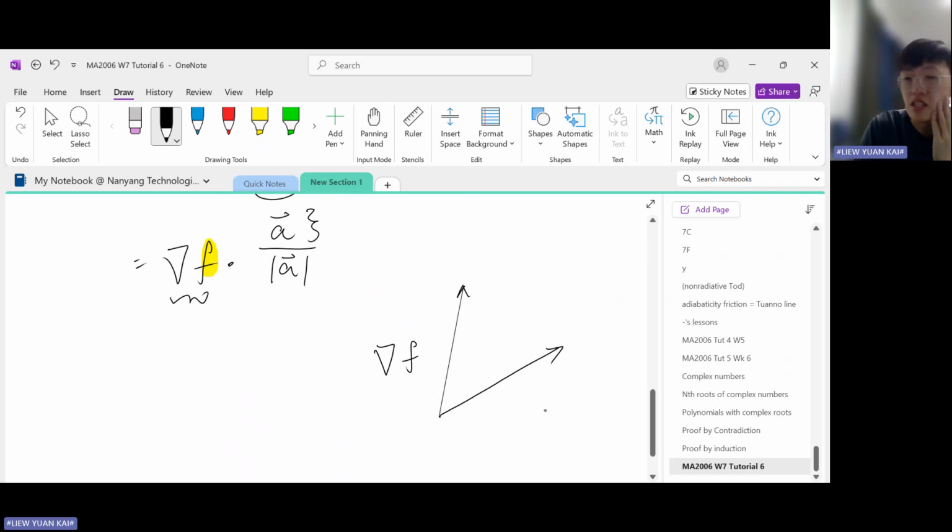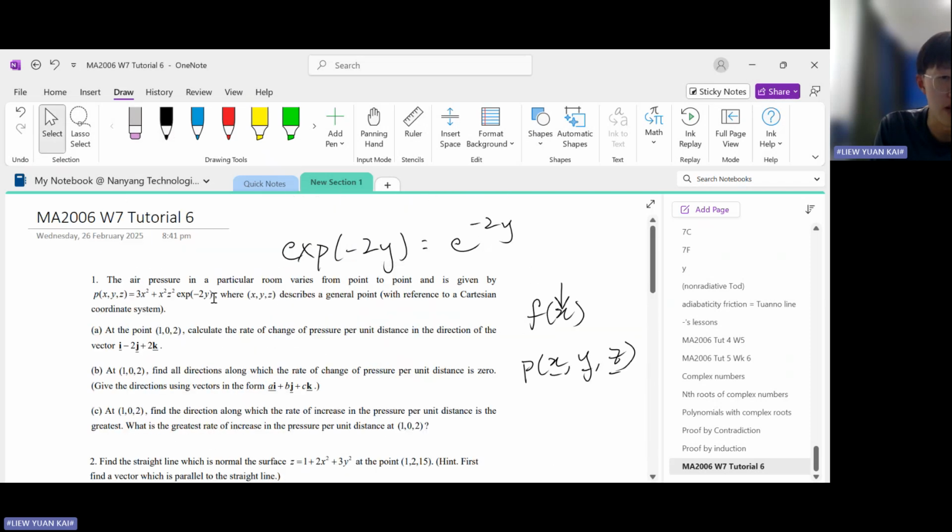Okay, so in 3D space, you can't just say the rate of change of a function. It's better to specify a certain direction, which we do using a vector. So in this question, we specify the rate of change of pressure in the direction of this vector. Why? Because depending on where you point in 3D space, the rate of change of the function is different. Let's say you're in a room.